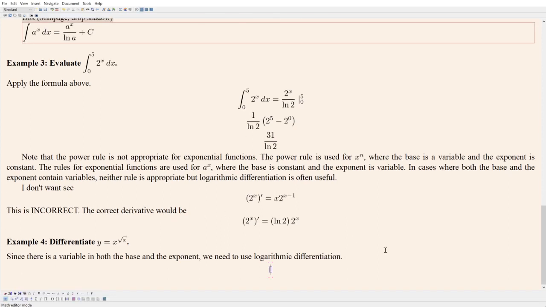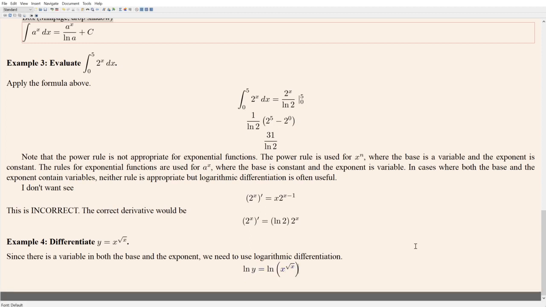So what are the steps in logarithmic differentiation? Well, first, take the log of both sides. The natural log, that is. Well, I guess it doesn't really matter. It can be any log, but natural log is going to be the easiest. Has the least amount of associated baggage.